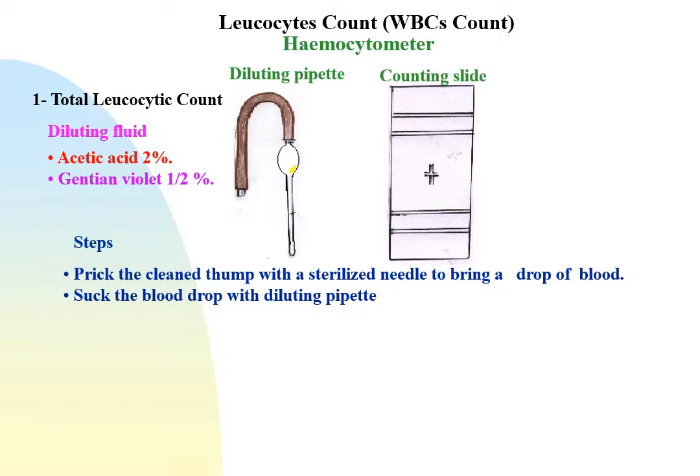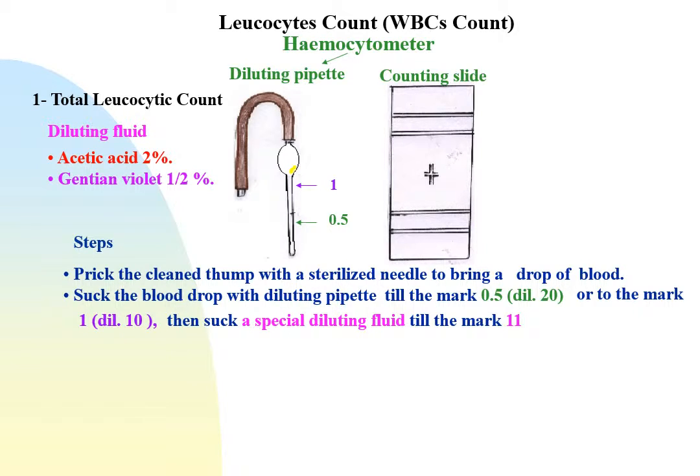Suck the blood drop with the diluting pipette till the mark half if we are going to have 20 times dilution, or to the mark 1 if we are going to have 10 times dilution. Then suck the special diluting fluid till the mark 11.